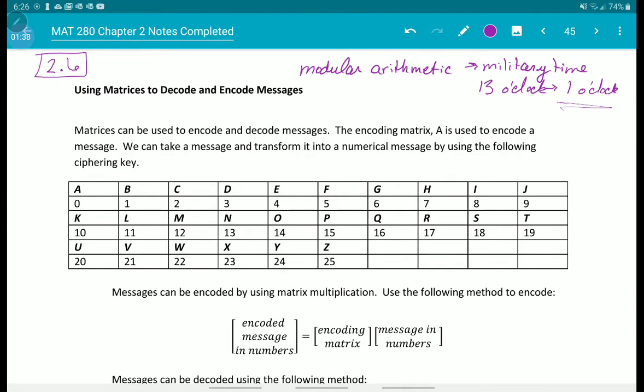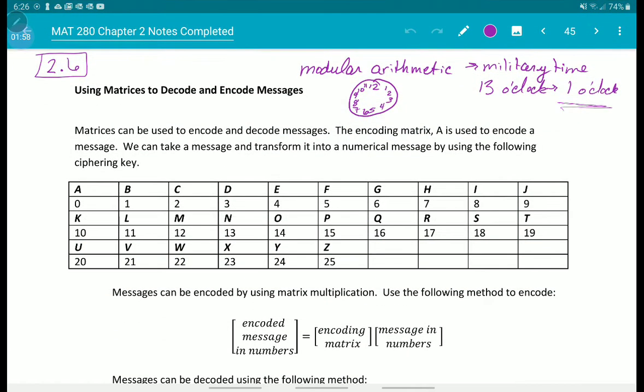So how did we get that 1 o'clock? Well, if you think about your clock, here's our clock. You would just go around 1, 2, 3, 4, 5, 6, 7, 8, 9, 10, 11, 12.